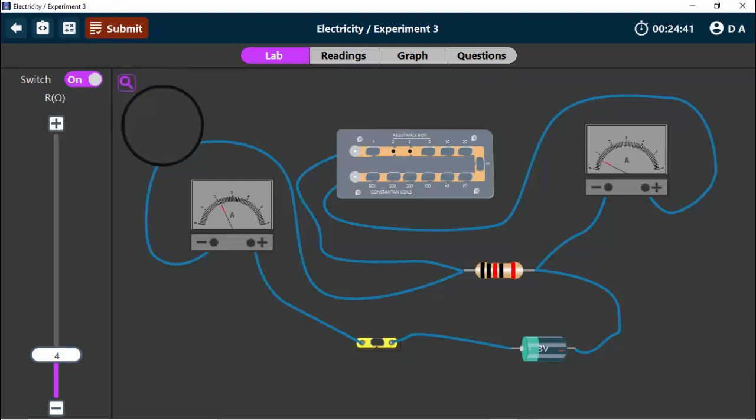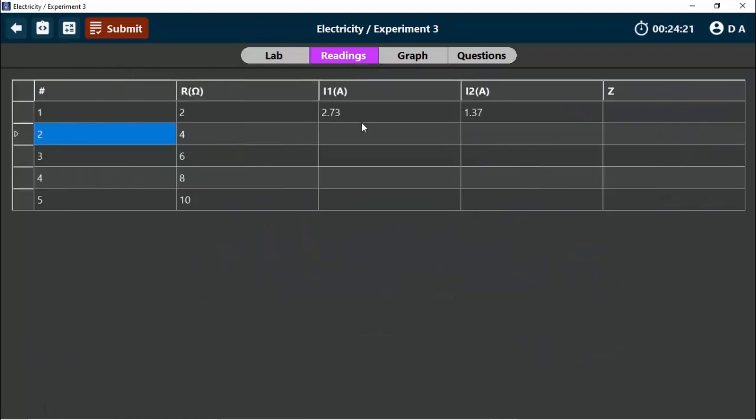For this new value of R, the reading on the first ammeter is roughly 2.1.